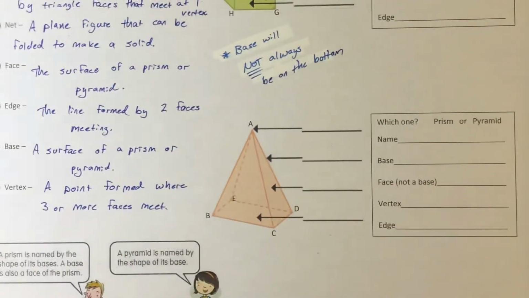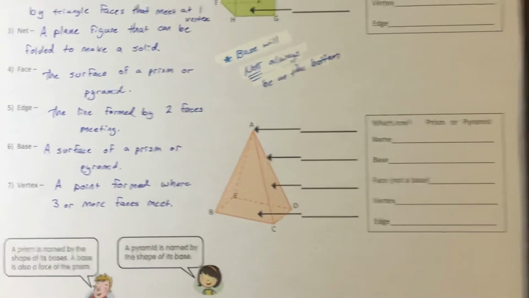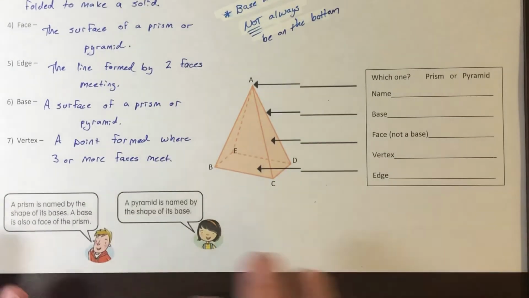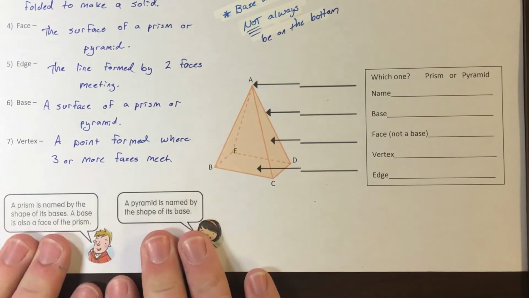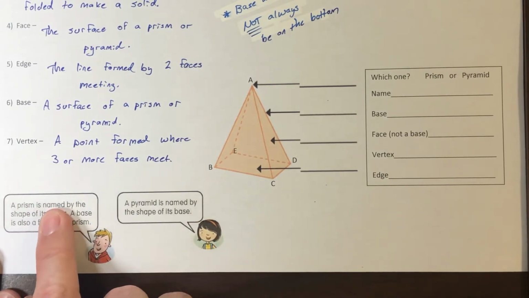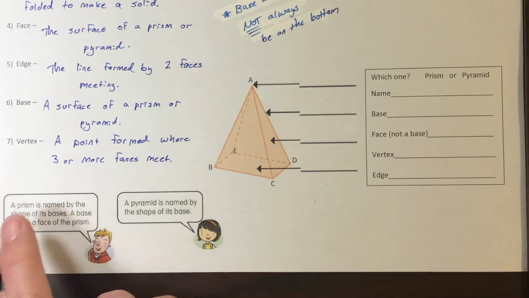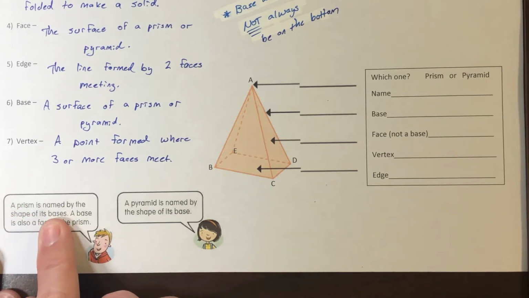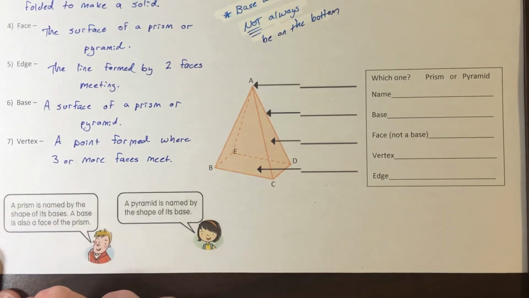All right, before we continue and do a couple examples, a couple facts that we need to know. A prism, its name is based on the shape of its bases. And again, a base is also a face. The base is just a fancy name for one.